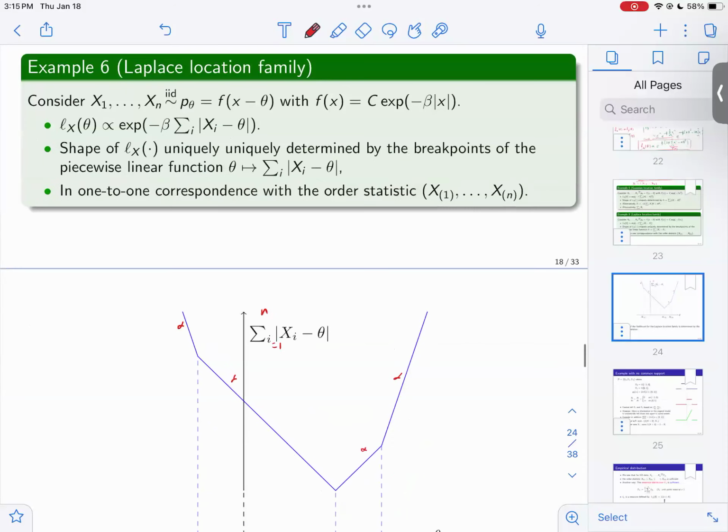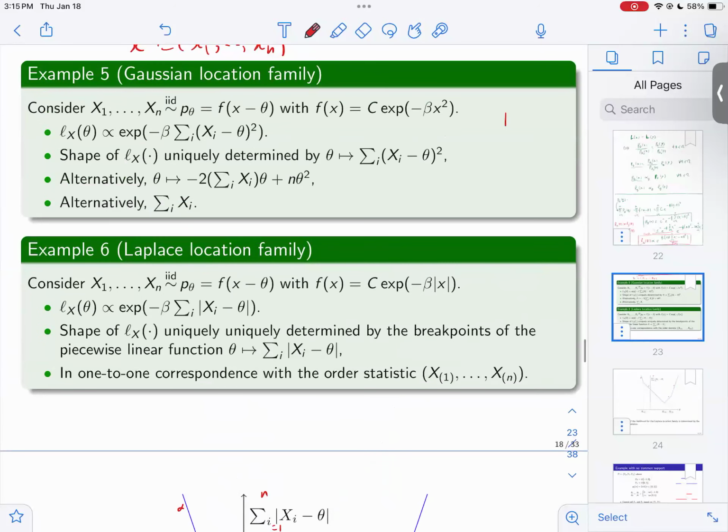For the quadratic, in the case of the Gaussian, you can see that basically the thing is smooth, and there is only a minimum location. The location of the minimum tells me this, but I can't recover individual data points from this.